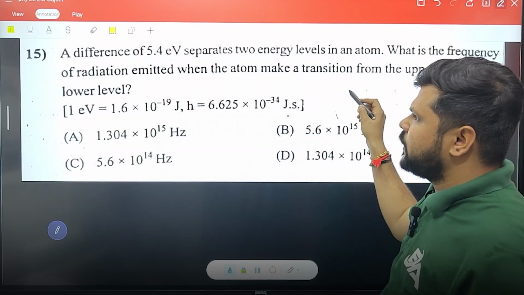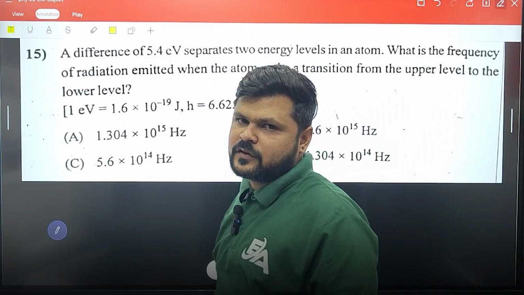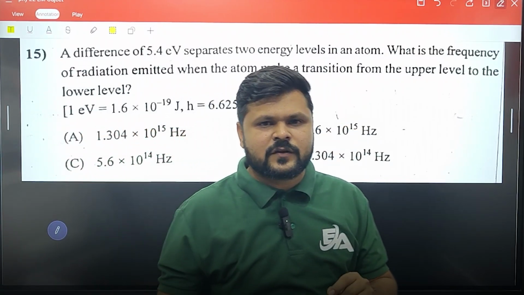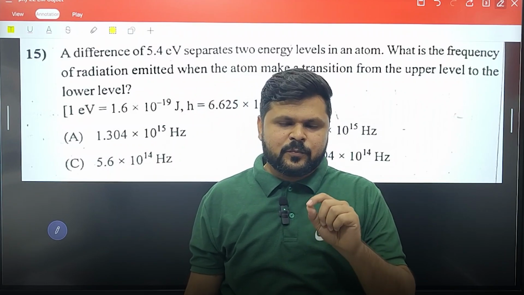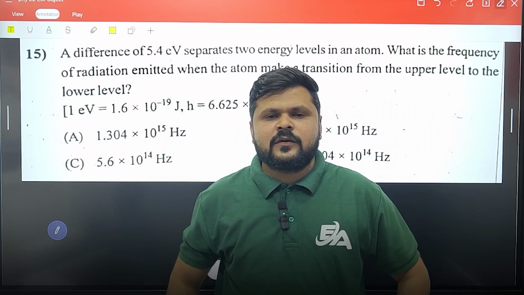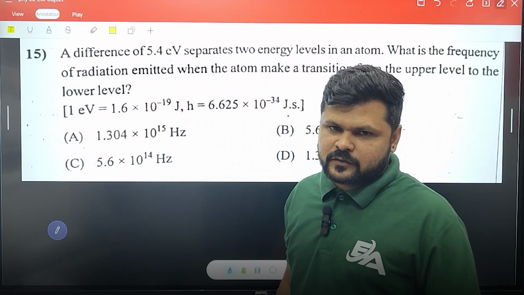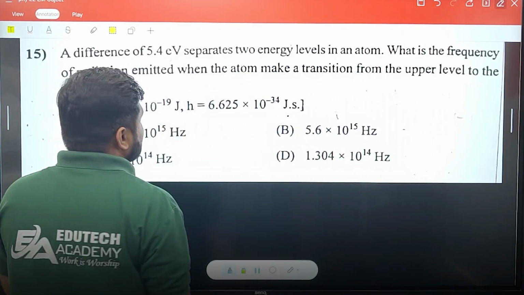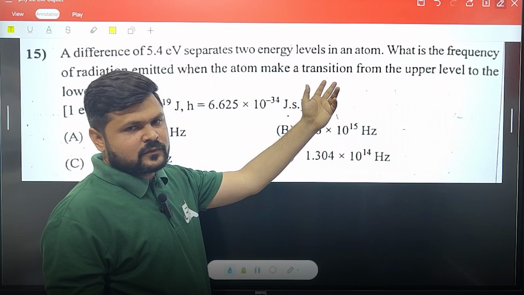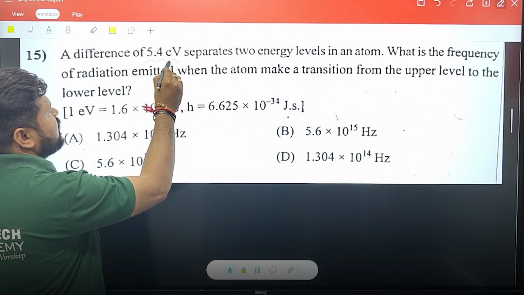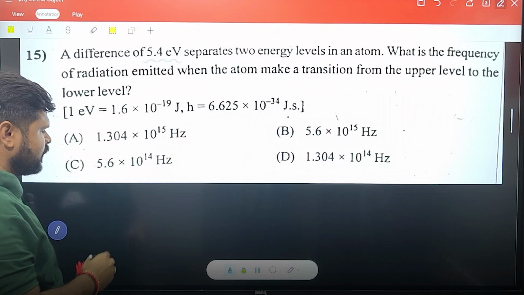What is the frequency of radiation emitted when the atom makes a transition from the upper to the lower level? Now we know that when an electron transitions from an upper level to a lower level orbit, it will emit some energy in the form of radiation. So when this electron makes a transition from upper to lower level, it will radiate this much energy in the form of radiation.